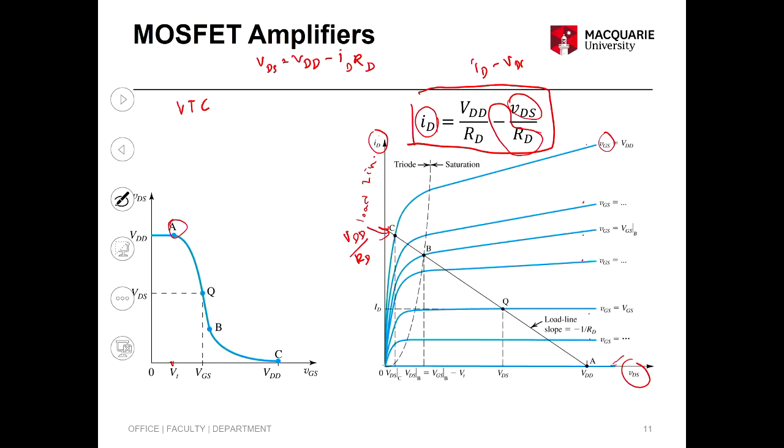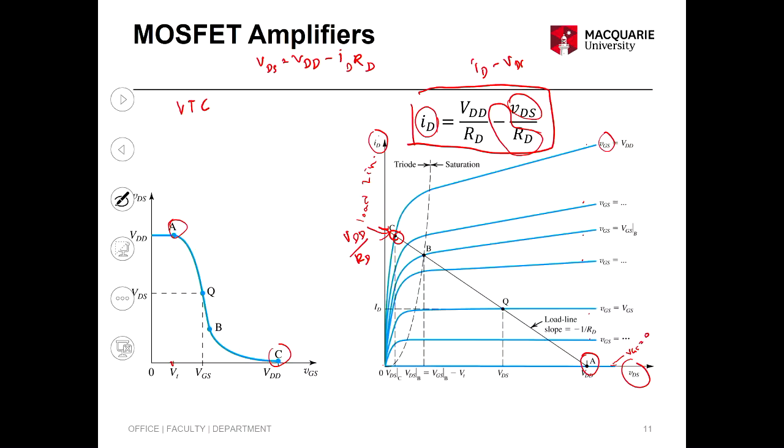The VGS here is equal to 0, so you will be at this point. Let's go to point C, that's easier. Your VGS is very large, so you are at a higher curve, but your VDS is very low and your ID might be high. So you are somewhere here.